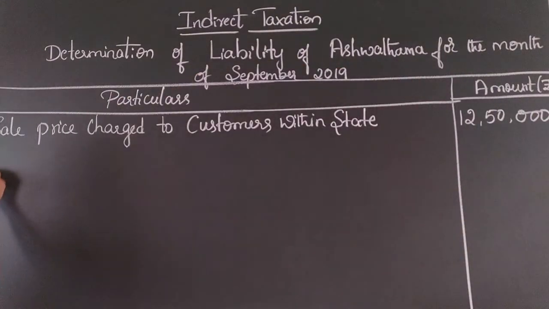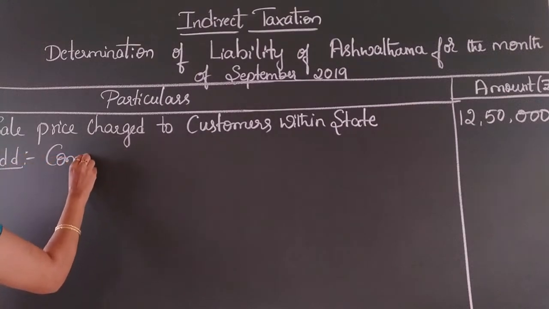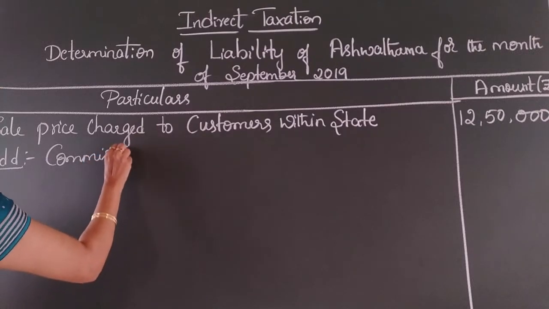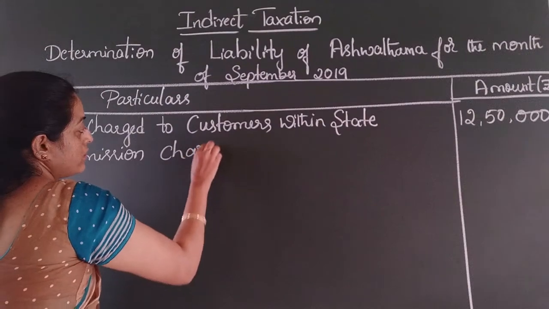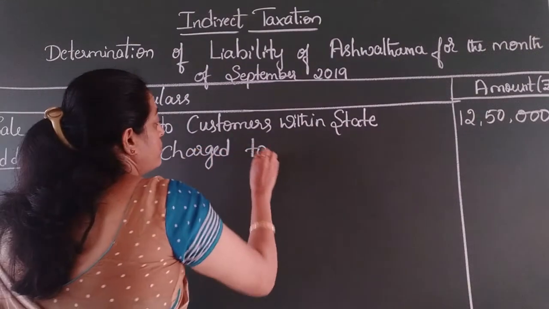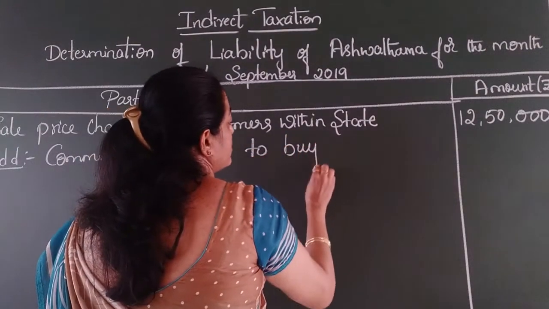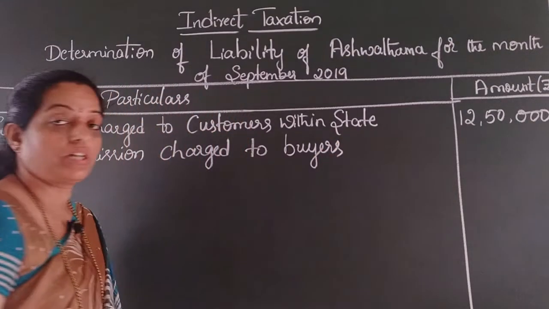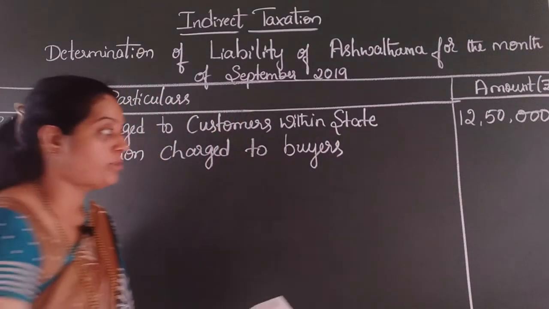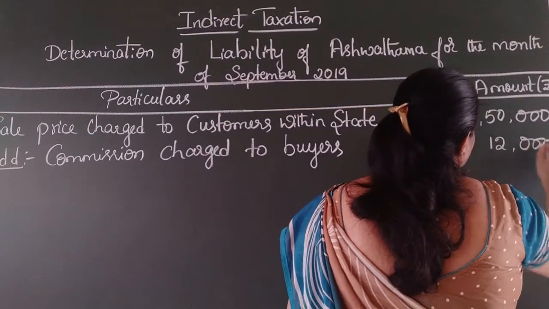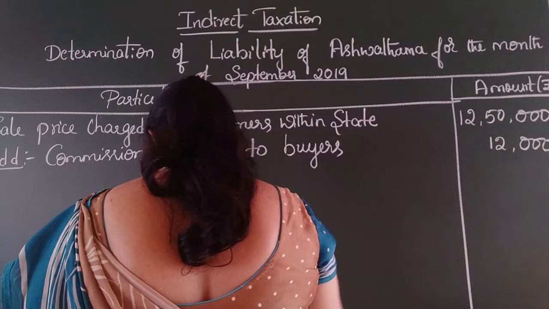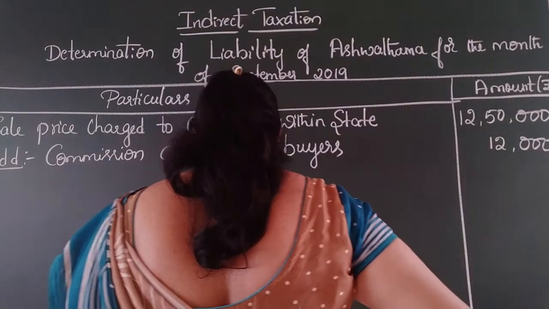Add commission charged to buyers, given in the problem, that is 12,000. You can see the note for this.